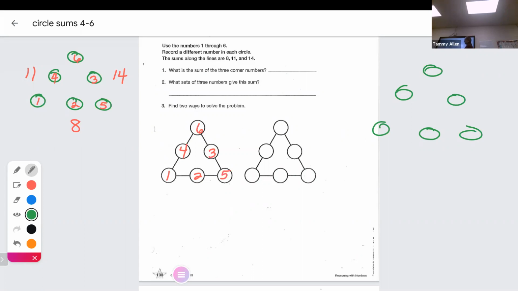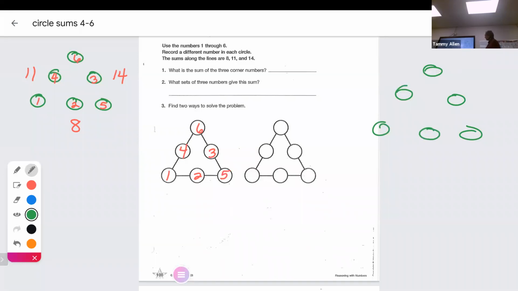5, 6, 3. That's the same 3 numbers. Is there a different combination of numbers we could use? We can do 5 and 1.